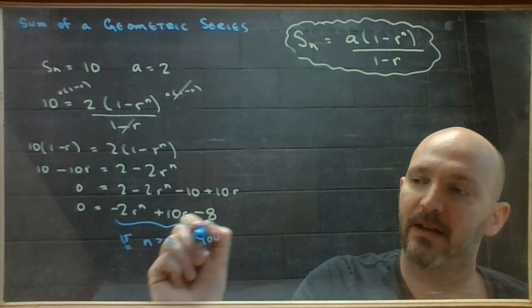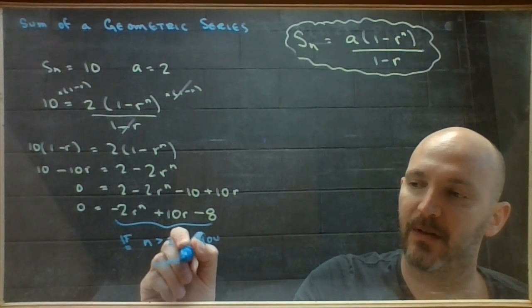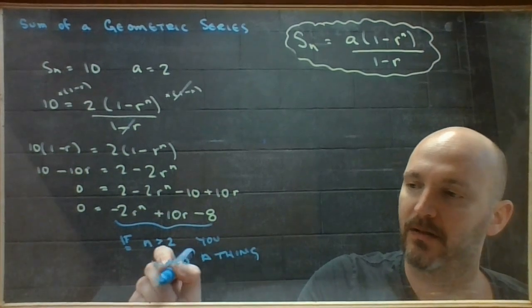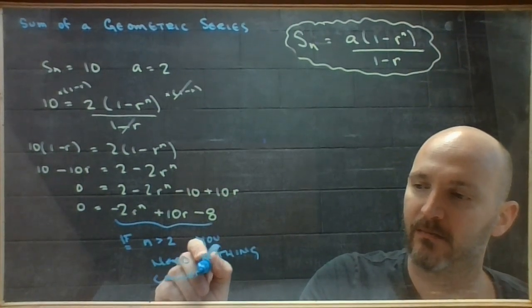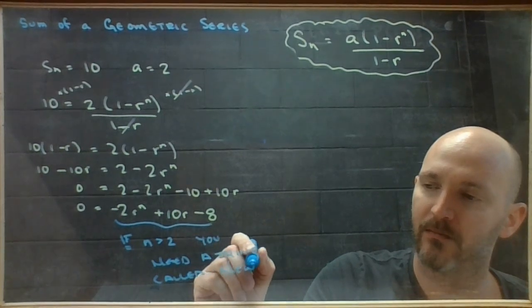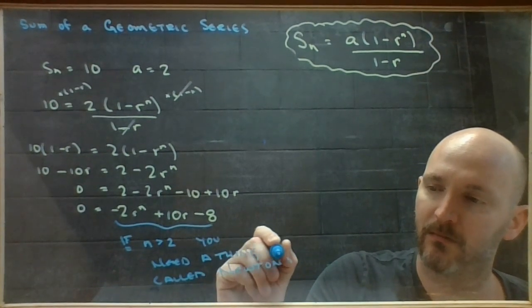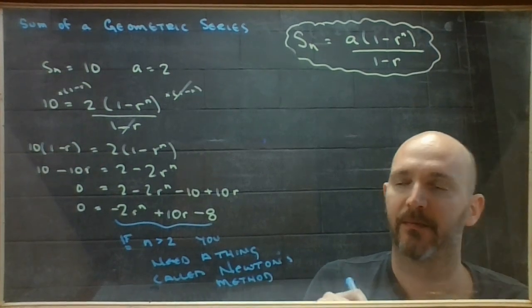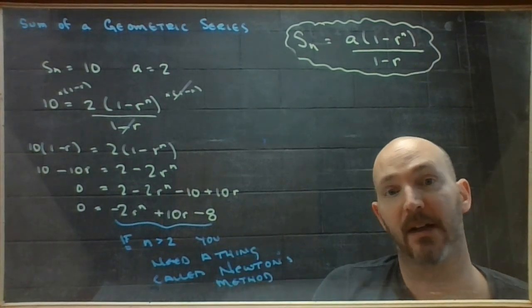This can only be solved if N is greater than 2. You need a thing called Newton's method. Let me write that down to solve this. And that's a calculus technique.